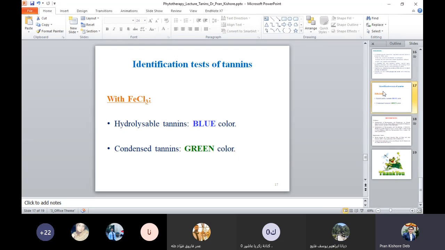What is the name that is responsible for the characteristic color of the cinnamon bark? Phlobaphene, right? What is the name of the plant where you see the formation of nut gall?